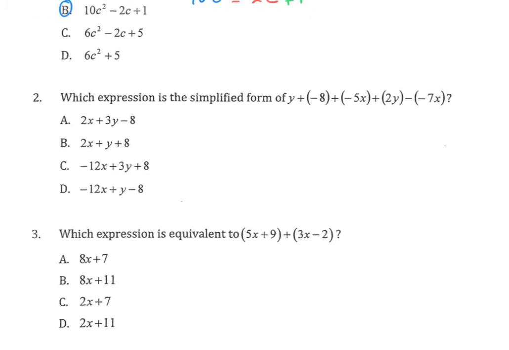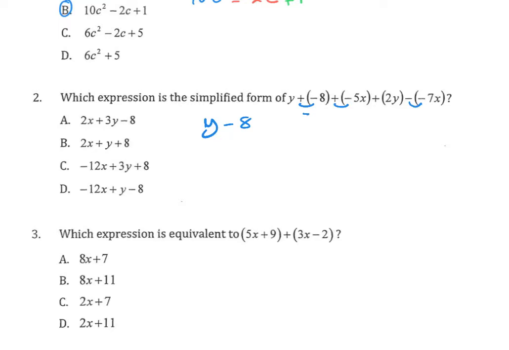Which expression is a simplified form of y plus negative 8 plus negative 5x plus 2y minus negative 7x? Well, the first thing we have to do is get rid of the parentheses. So let's remove the parentheses first. We're going to have y minus 8, because positive times negative is negative, and here we have negative times negative is positive.